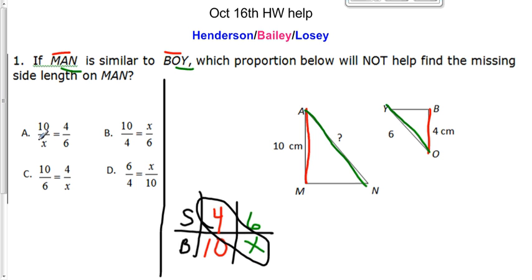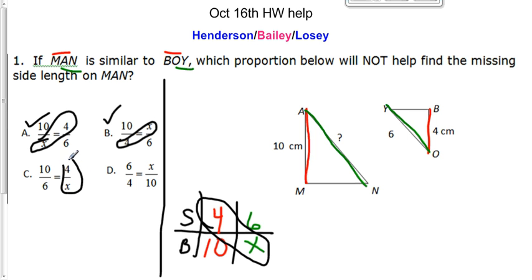So look at choice A. I have 4 across from the X. That's going to work. Look at choice B. I have 4 across from the X. So again, that's going to also work. Uh-oh. See, they're not across from each other.